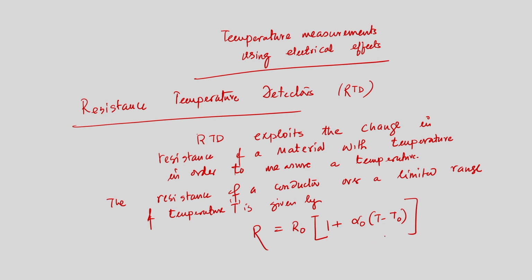where R naught is the resistance at temperature T naught, and alpha naught is the temperature coefficient of resistance at T naught.